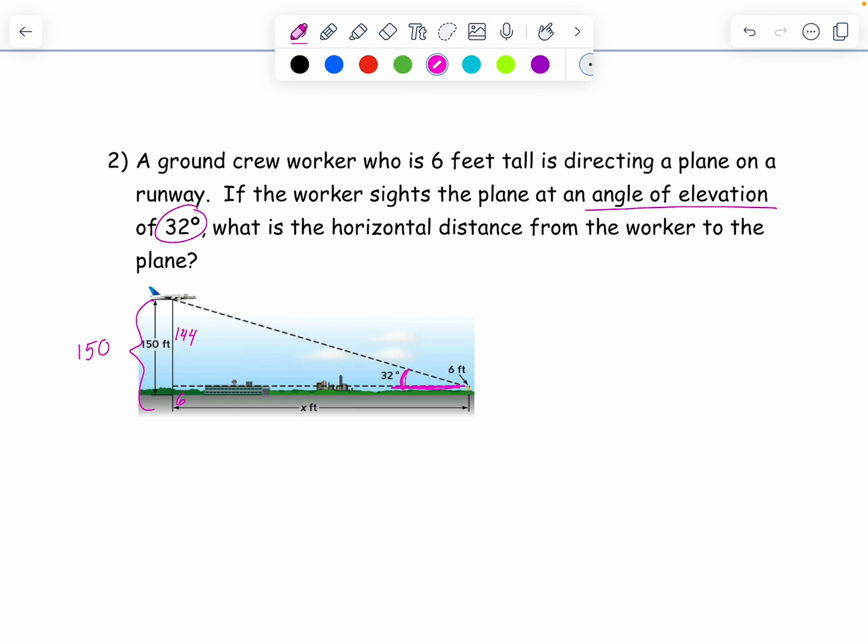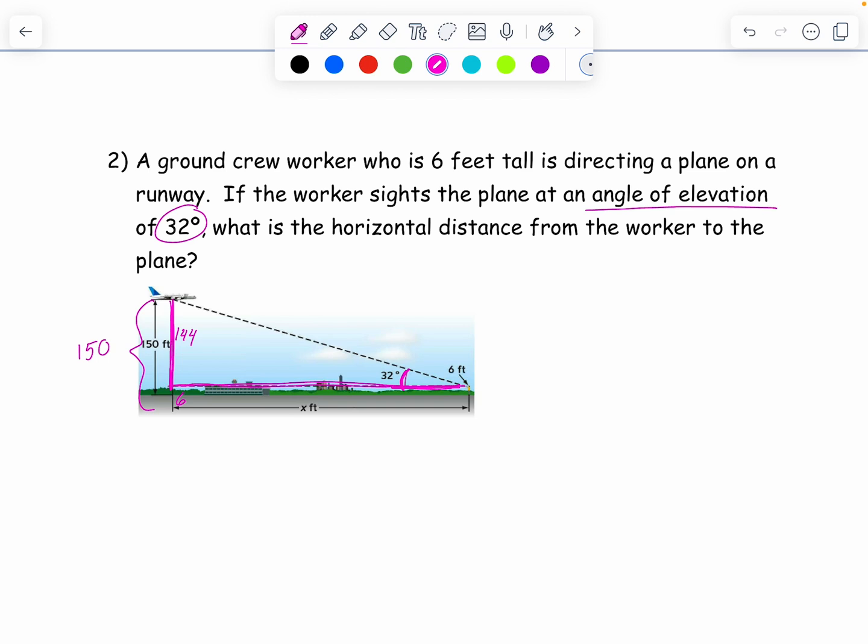So we've got 144 plus 6 for the 6 foot tall guy. That gives us our total of 150 feet. So you've got to be very careful there. So when you're doing your triangle, this side of the triangle is only 144, not 150.